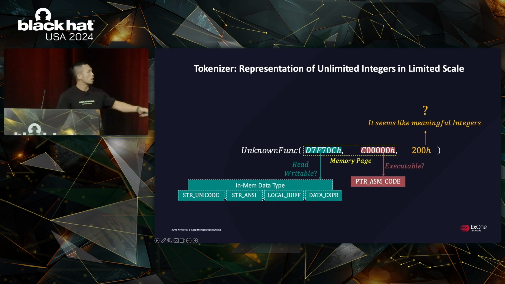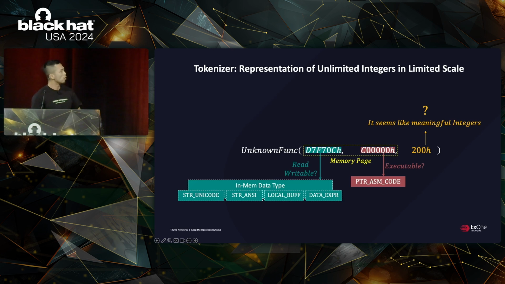For example, right here, as a human expert, you can see this integer is a memory page and also executable. So as a human expert, we might guess that it's assembly code. So all we need to do is simplify such an integer number into a token ID as assembly code or shellcode.